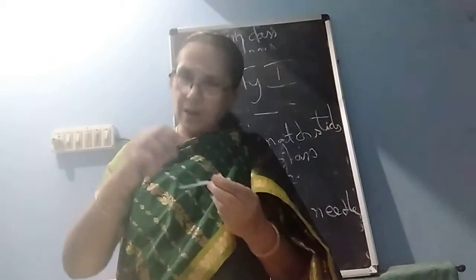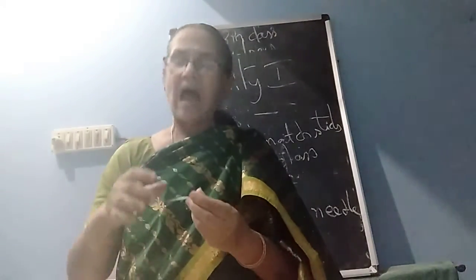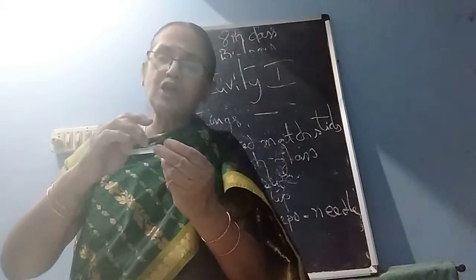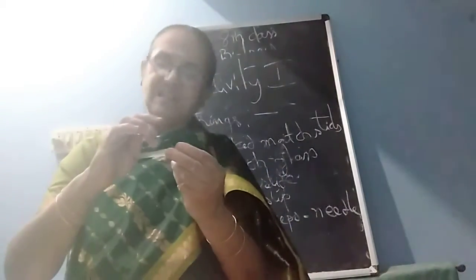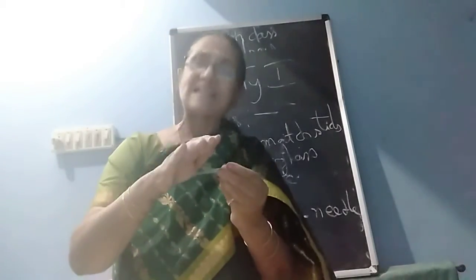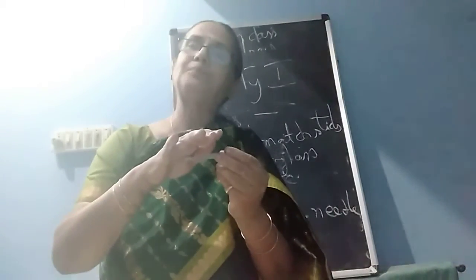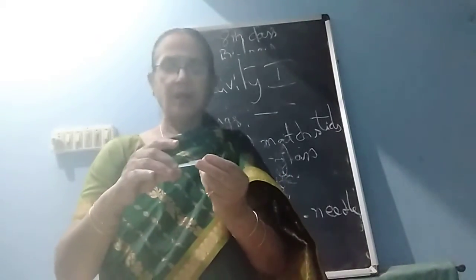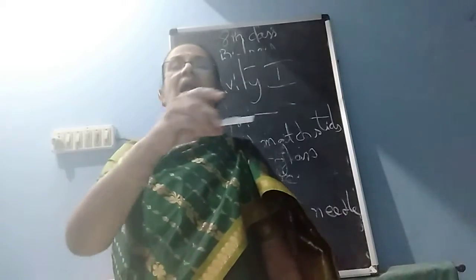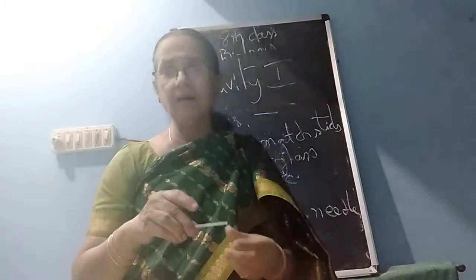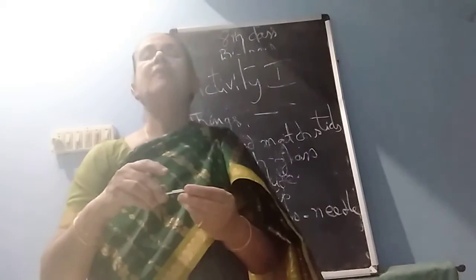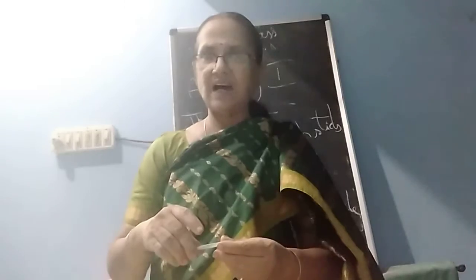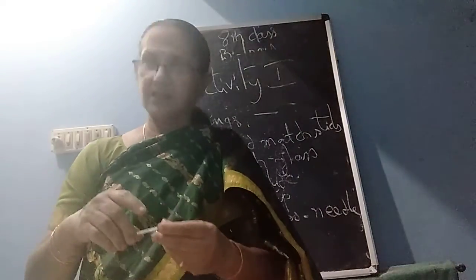He took one of the finest sections and placed it on the glass slide, put over one drop of glycerin, and placed a cover slip over it. He observed this under the compound microscope and confirmed that this is the structure of the cork tissue.